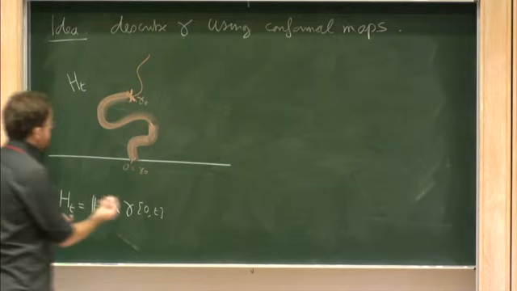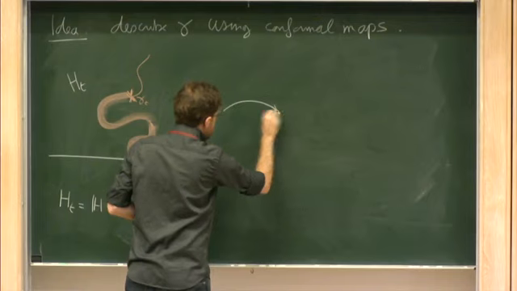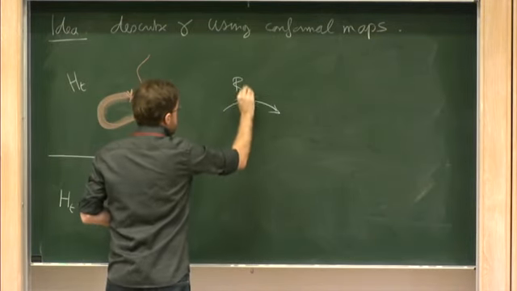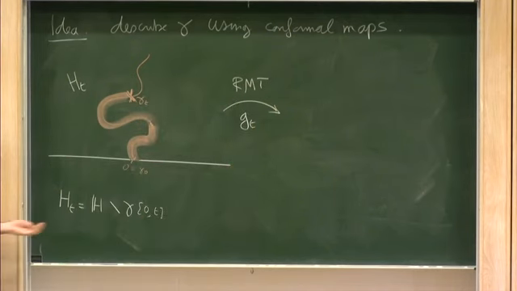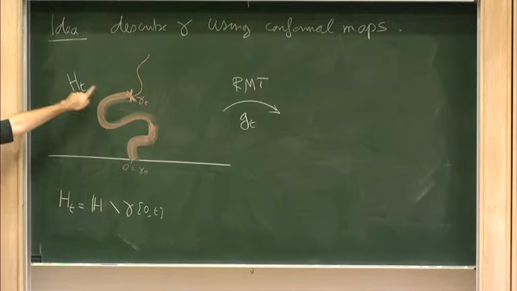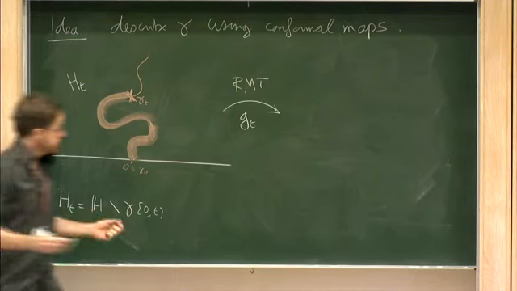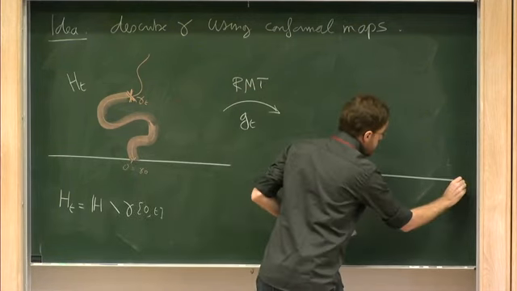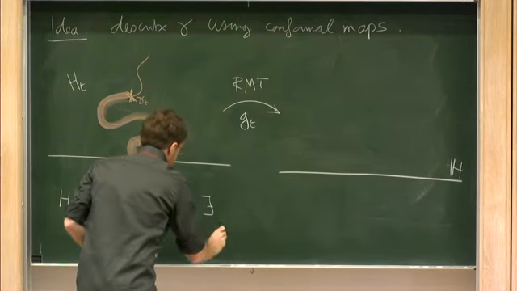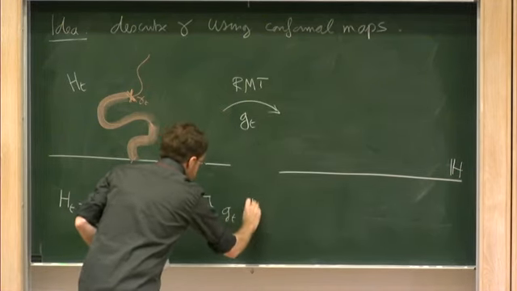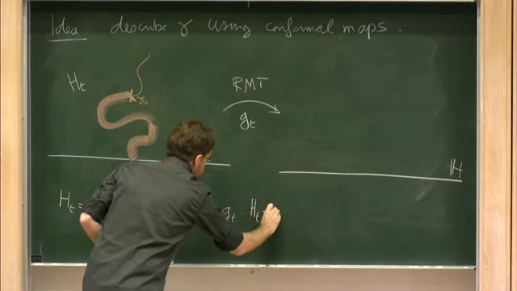So by the Riemann mapping theorem, there exists a map, gt, which is a conformal map from Ht back to the upper half plane. So there exists gt, which maps Ht conformally to H.